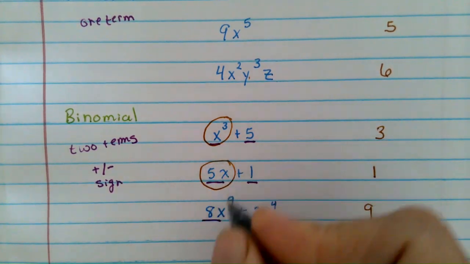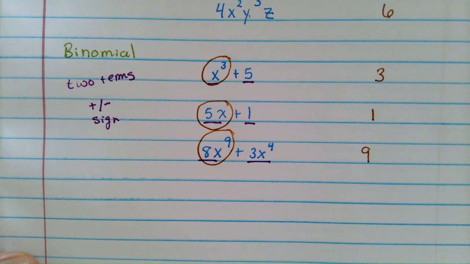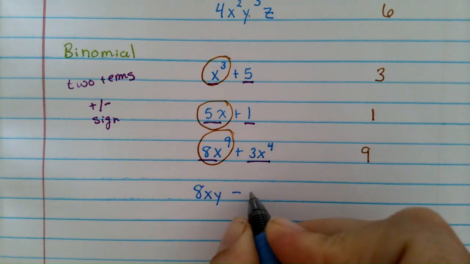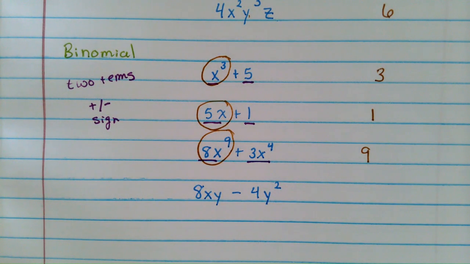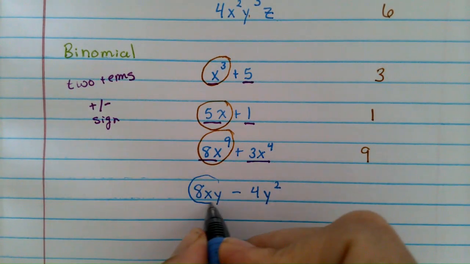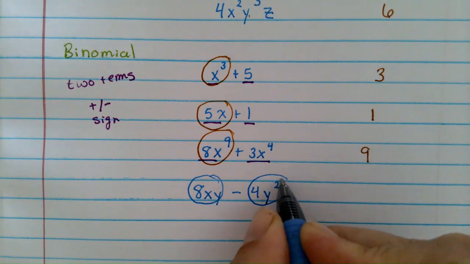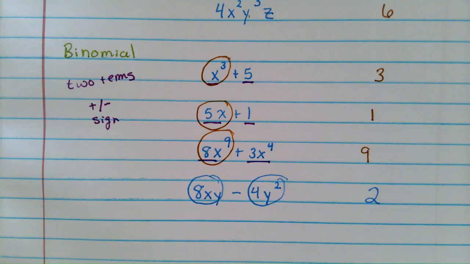This monomial has 1, and this monomial has 9. So what about if I had 8xy minus 4y squared? Well, this one has 2 variables or 2 characters that it would need. This one has 2, so which is greater, the 2 or the 2? It doesn't matter, they're the same, so we just write 2.